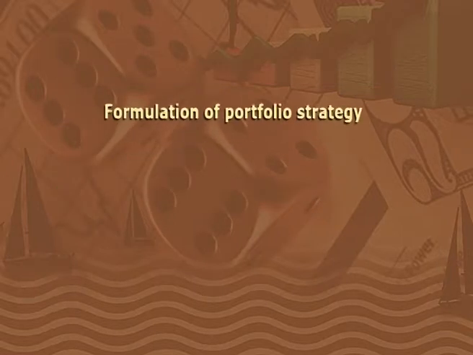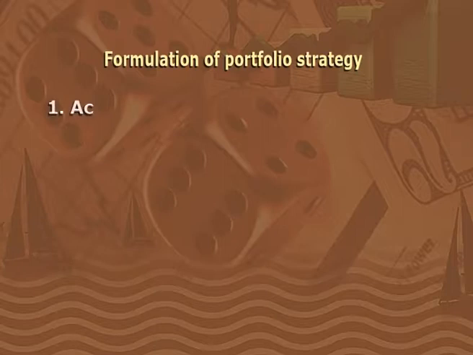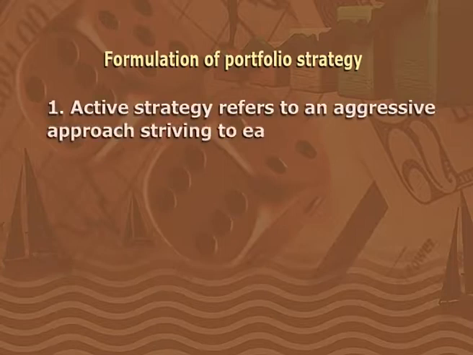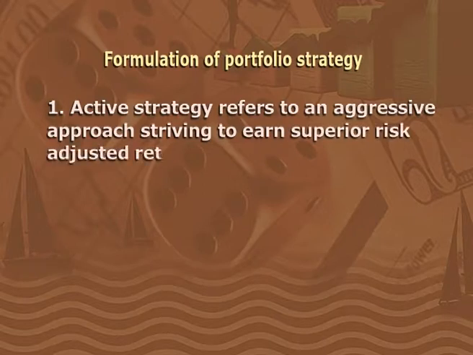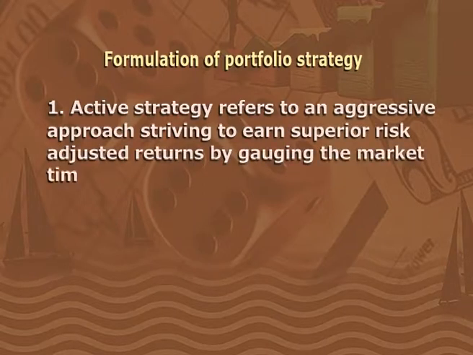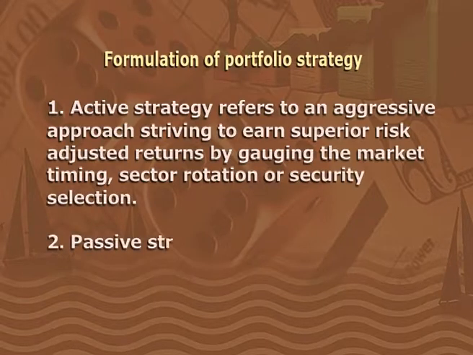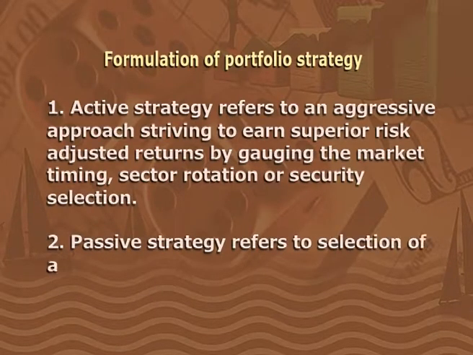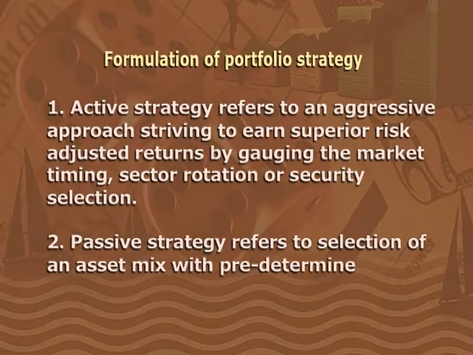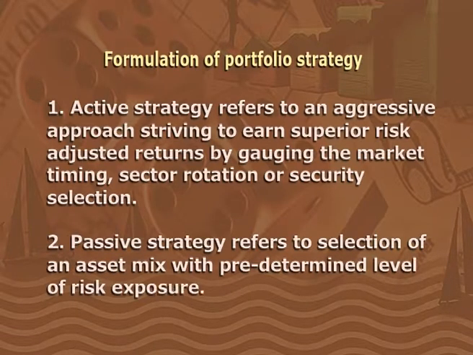There are broadly two portfolio strategies. Active strategy refers to an aggressive approach striving to earn superior risk-adjusted returns by gauging the market timing, sector rotation, or security selection. Passive strategy refers to selection of an asset mix with a predetermined level of risk exposure.